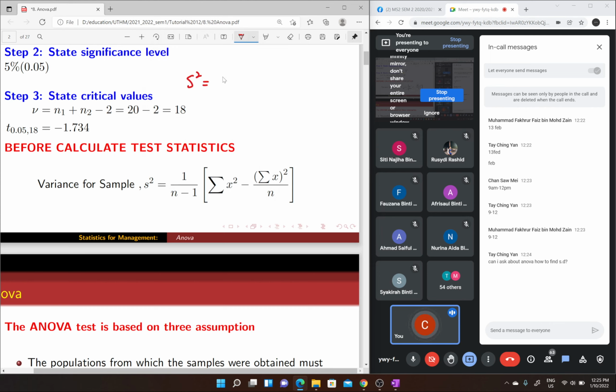S square is, I think this is the one. Let me double check.